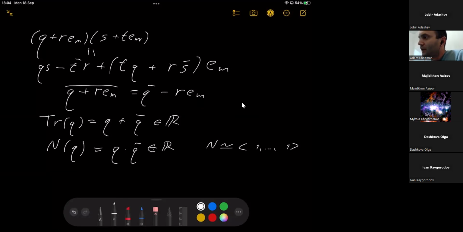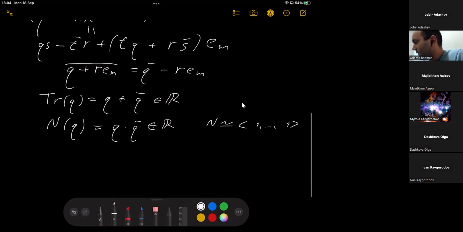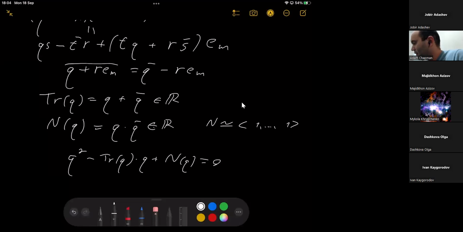So that gives you some Euclidean metric on the algebra. And one of the nice properties is that every element satisfies the following equation. So Q squared minus the trace of Q times Q plus the norm of Q is equal to 0.